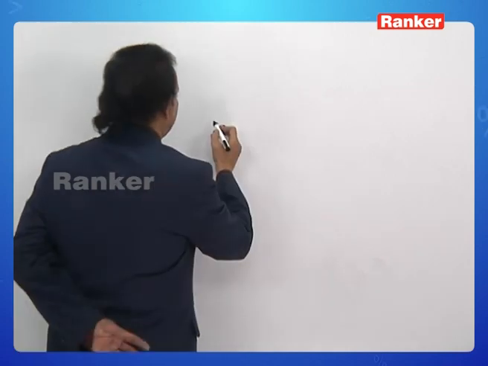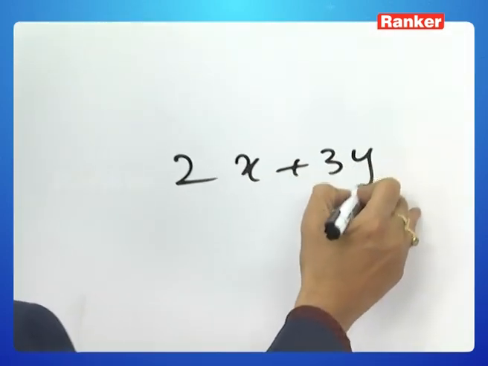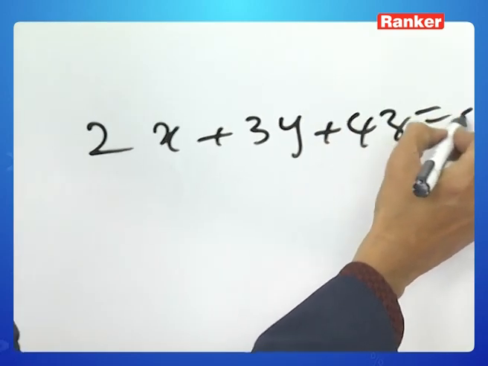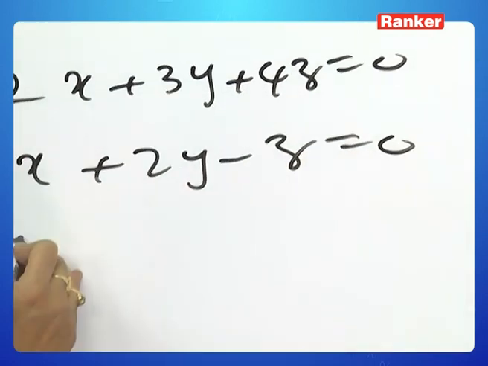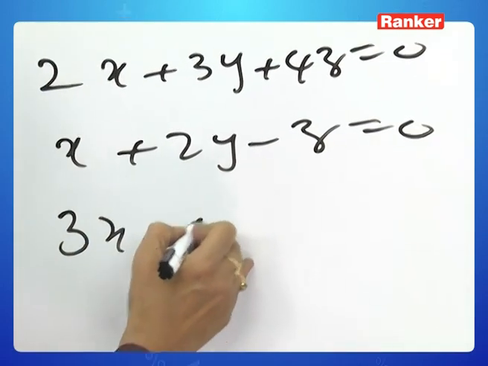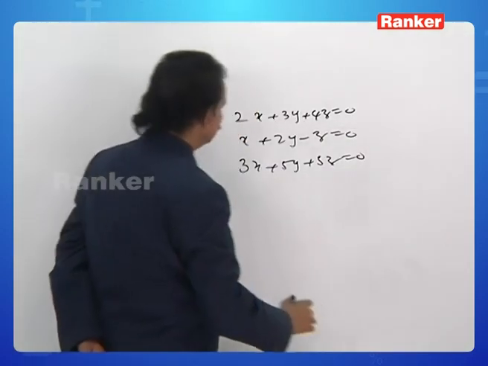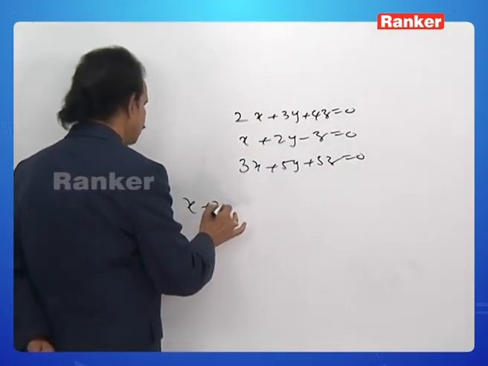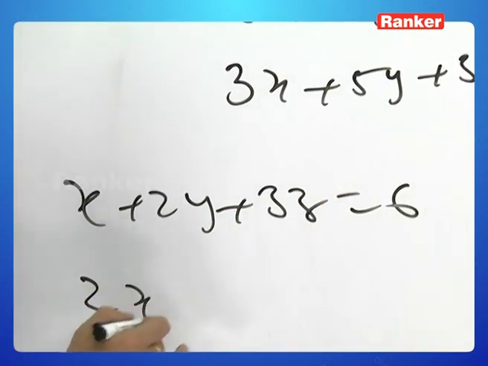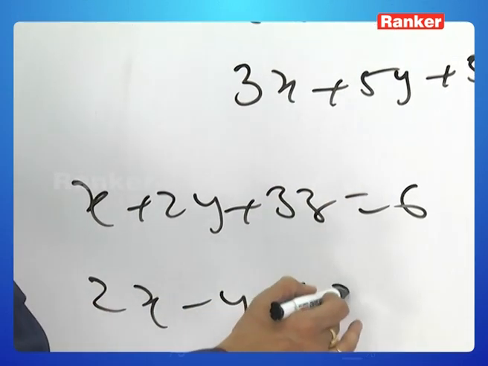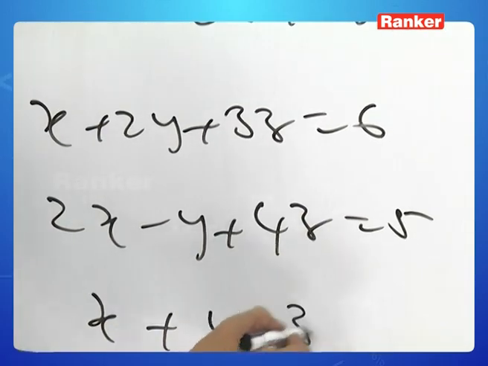A system of equations of this form: 2x plus 3y plus 4z is equal to 0, x plus 2y minus z is equal to 0, 3x plus 5y plus 3z is equal to 0. This is one system. And x plus 2y plus 3z is equal to 6, 2x minus y plus 4z is equal to 5, x plus y minus z is equal to 1.